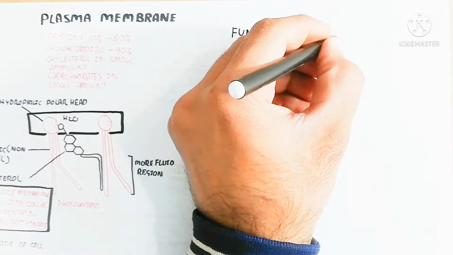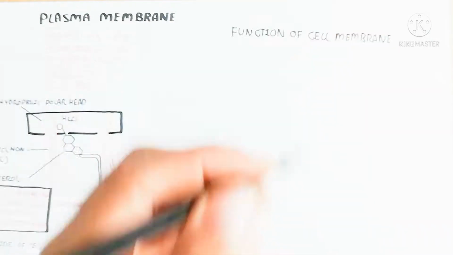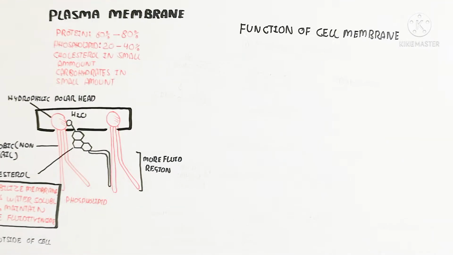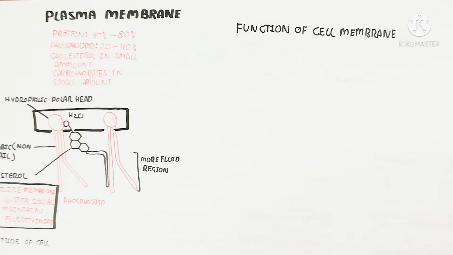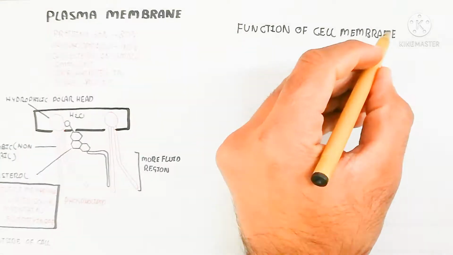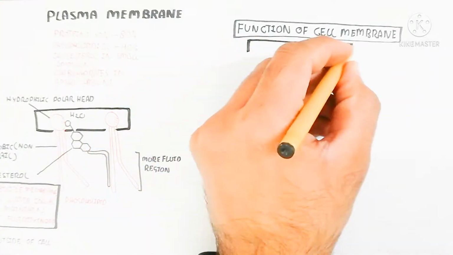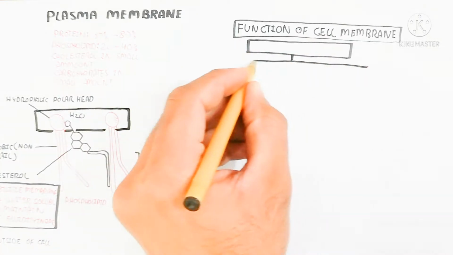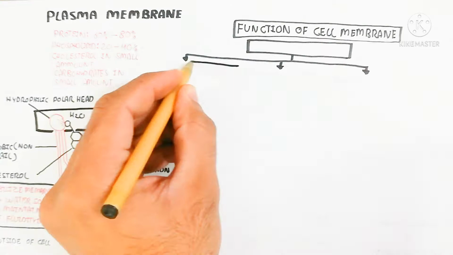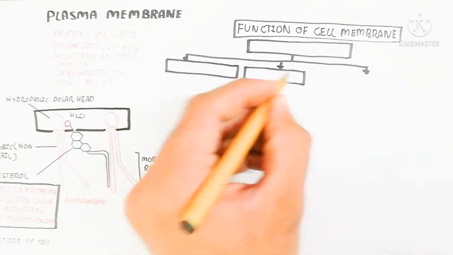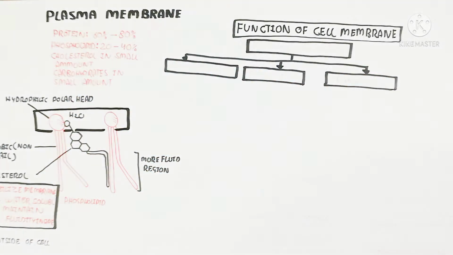Let's begin to understand the important functions of the cell membrane. First, we will discuss material movement. It is of three types: endocytosis, exocytosis and transport.